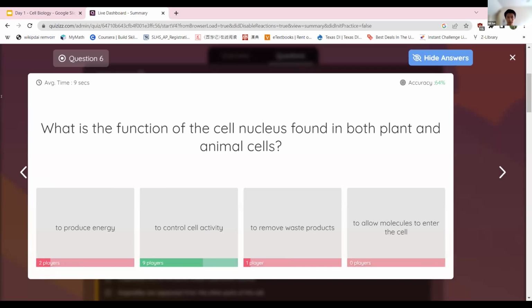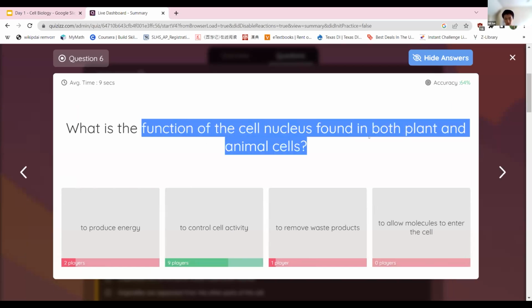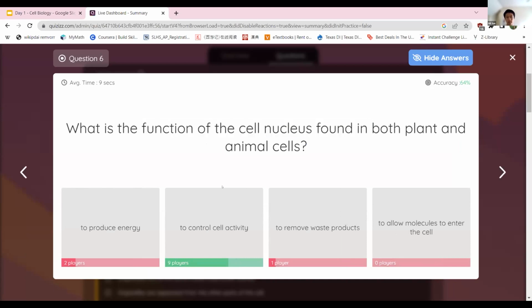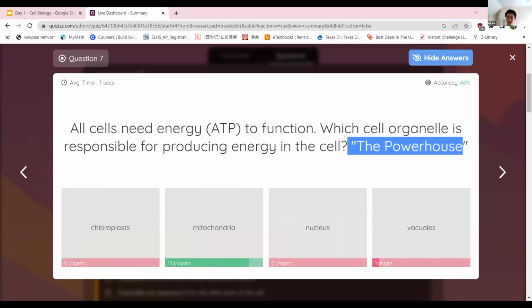The function of the cell nucleus, like I said, can be thought of as the CEO. It controls the cell functions, and remove waste products usually refers to a lysosome, another organelle, and produce energy usually refers to the mitochondria. Okay, next question. Only one of you got this wrong. The powerhouse of the cell, everyone knows, mitochondria.